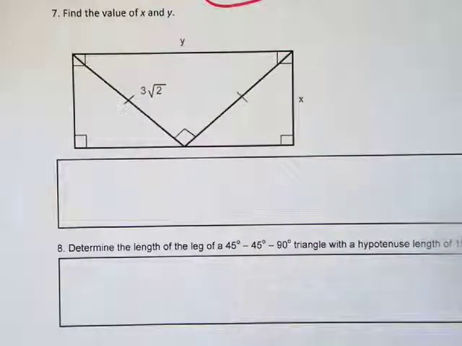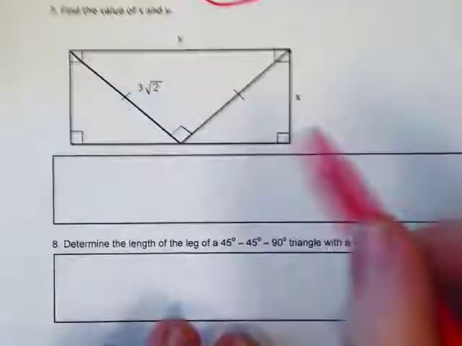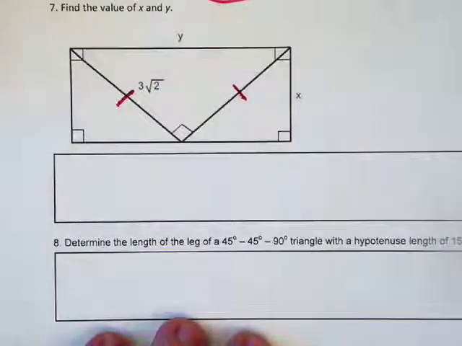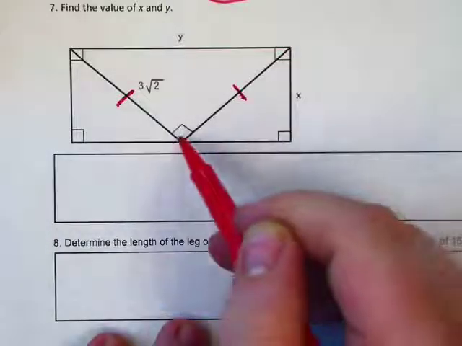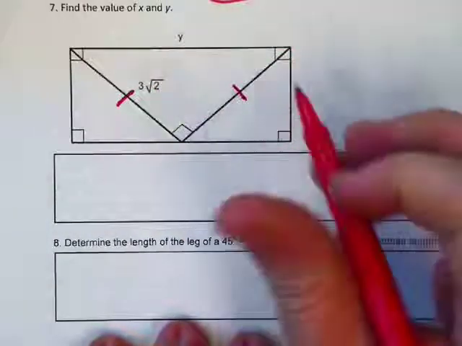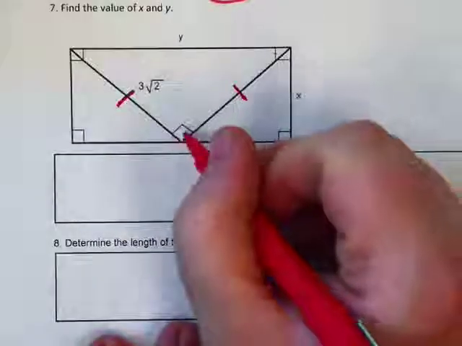Okay, now what have we got here? It seems like this side and this side are exactly the same length. Okay, that means that this is a 45, 45, 90 triangle.